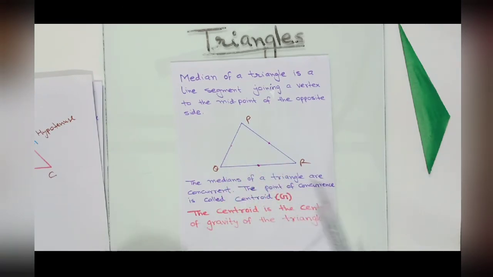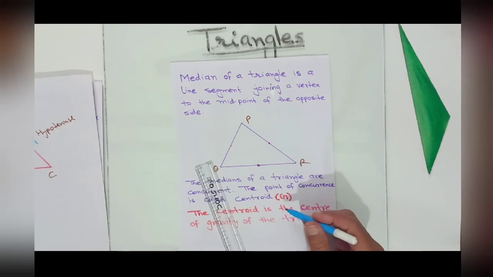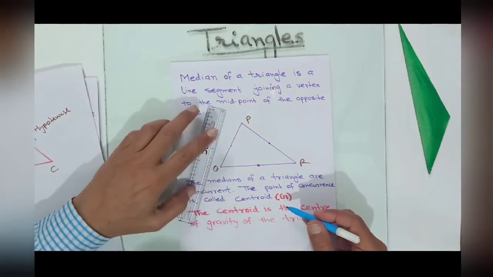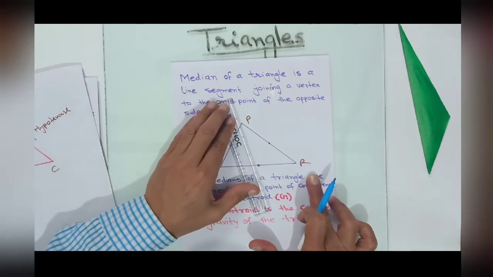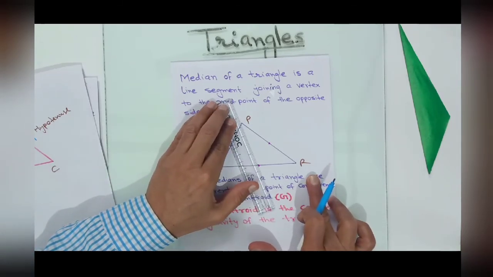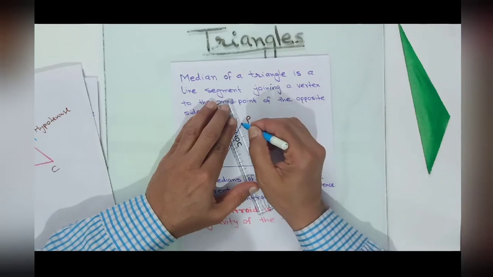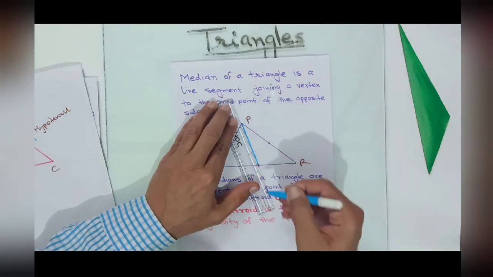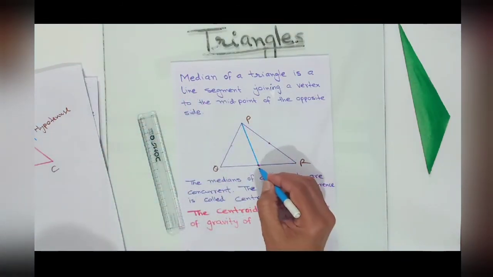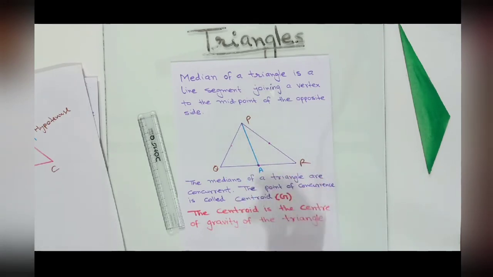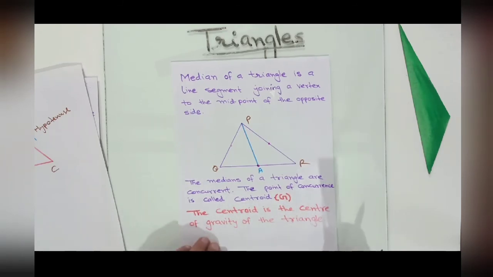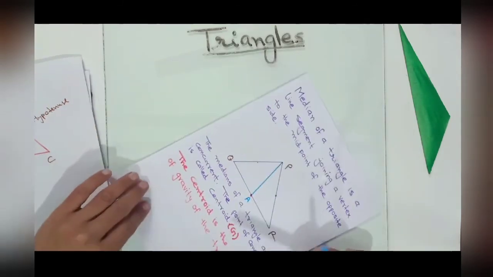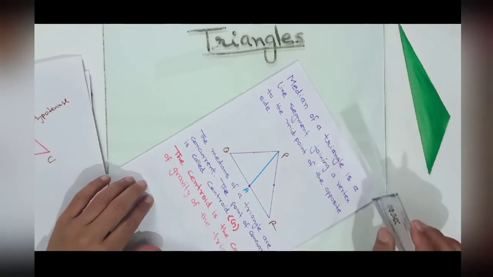If I consider P as one vertex, the side opposite to P is QR, and if I join P to the midpoint of the opposite side, then I get one of the medians. Suppose it is A. So PA is one of the medians of this triangle, and as a triangle has three vertices and three sides, obviously a triangle has three medians.